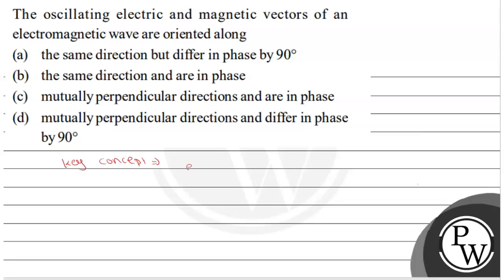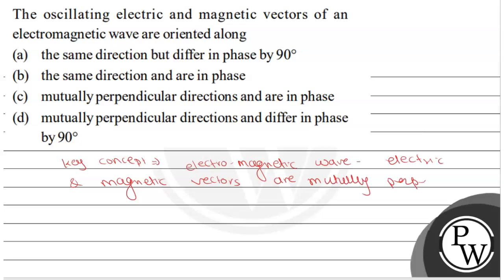So in an electromagnetic wave, the electric field vector and magnetic field vector are mutually perpendicular to each other. ये एक दूसरे को mutually perpendicular है, as shown in the diagram, perpendicular.